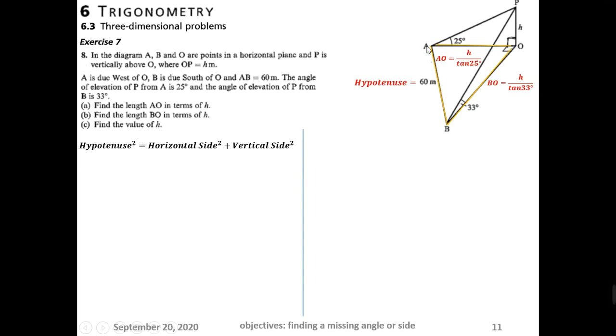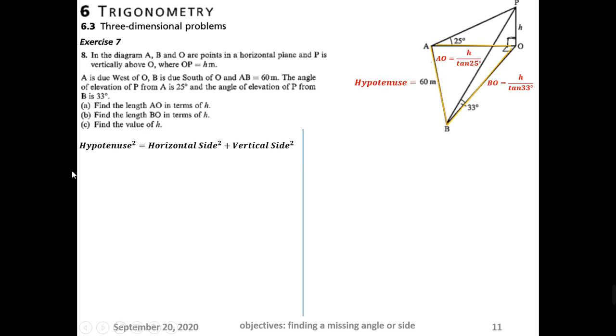Normally the horizontal side is the one that is parallel to the x-axis, and the vertical one is along the y-axis. Once we specify the hypotenuse, the other two sides, one of them can be the horizontal and the other one can be the vertical. Let's substitute in this rule.